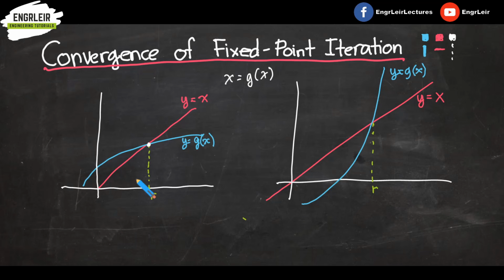So, nanguhula tayo ng value ng x. Let's say dito, no? Manguhula akong value ng x. This is x sub 0. Isa-substitute ko siya sa g of x. Ito yung g of x. At yan ang magiging value ng y equals x ko. So, this will be the new value. So, ito yung magiging x sub 1, yung second iteration.